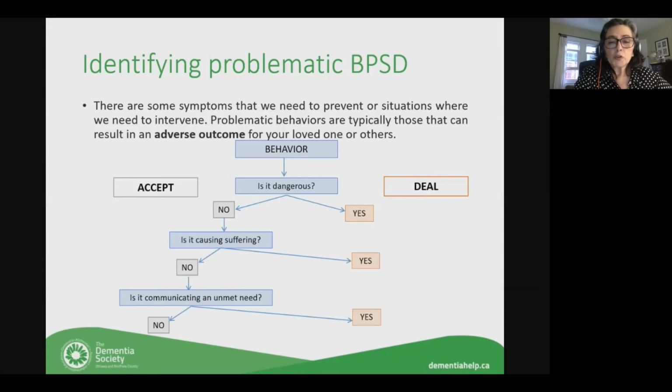And now we're going to try and talk about some of the issues themselves and hone in a little bit. So I said before that we have problematic behavior, let's say, and problematic behavior is one that, if you don't intervene, possibly might have an adverse outcome. So that's the very first question that you ask yourself.